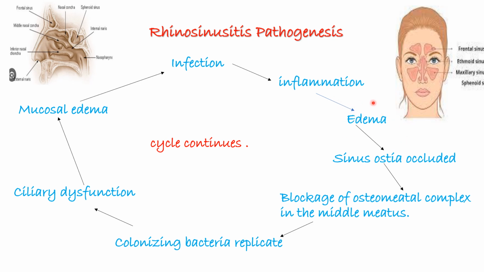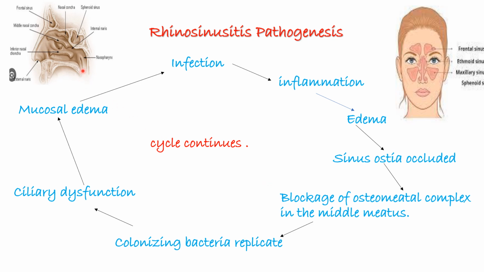And in the edema, because edema causes distension, we can have the sinus ostia closed. Sinus ostia, this is the opening of the sinus that leads to the meatus. So if we have the sinus ostia closed, we will have an increased possibility of blockage of the osteomeatal complex in the middle meatus.